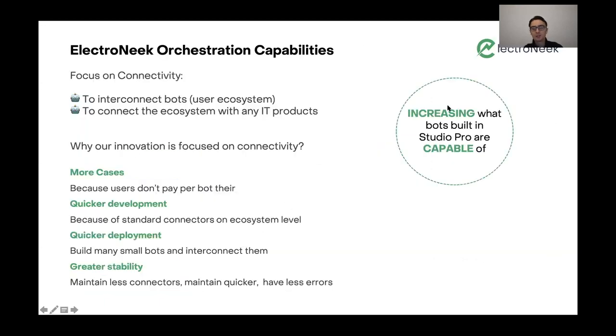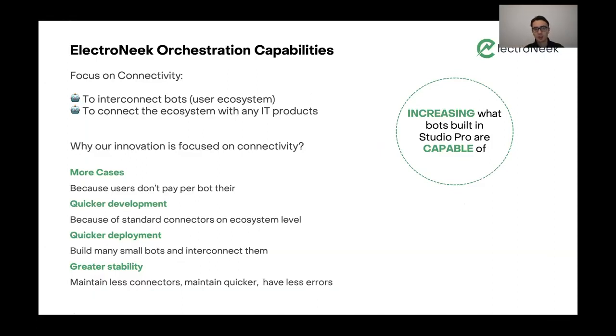We decided that for us, the core innovation focus of Orchestrator will go into connectivity. And we understand connectivity from two angles. Interconnectivity, that allows you to connect all your bots together to build really complex workflows. Complex, at the same time consisting of subatomic units of individual workflows, individual bots that are easier to maintain.